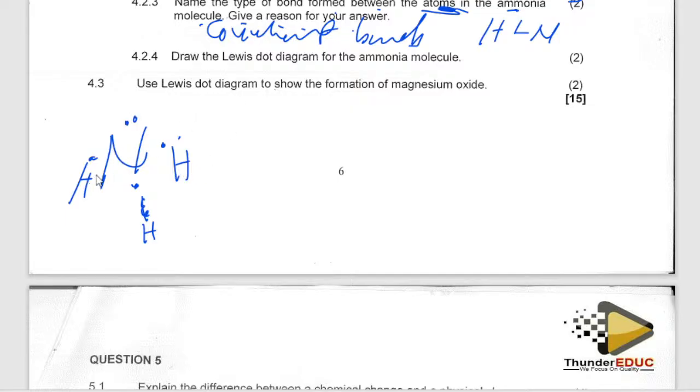It forms a triangle, and then a pyramid on top. Trigonal and then pyramidal. So basically that is the shape.